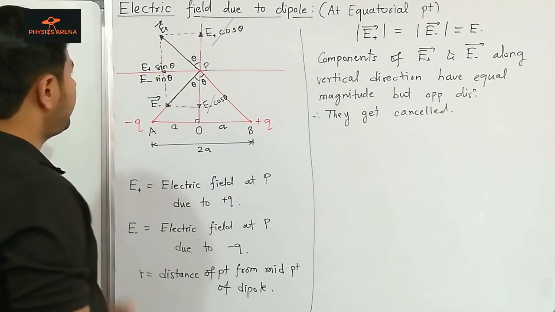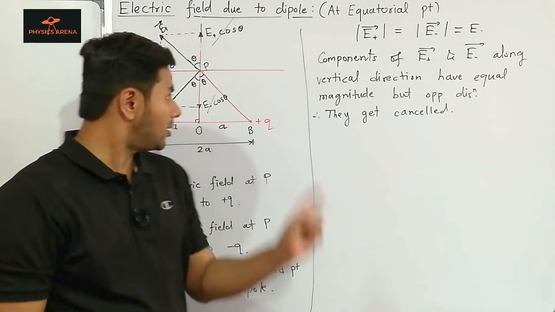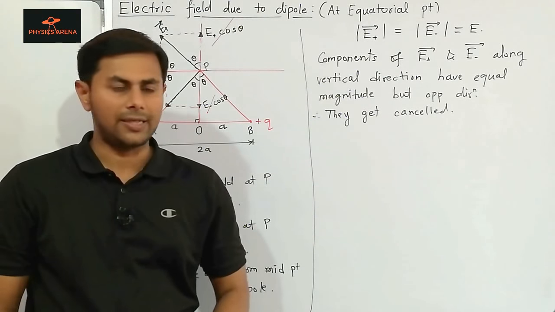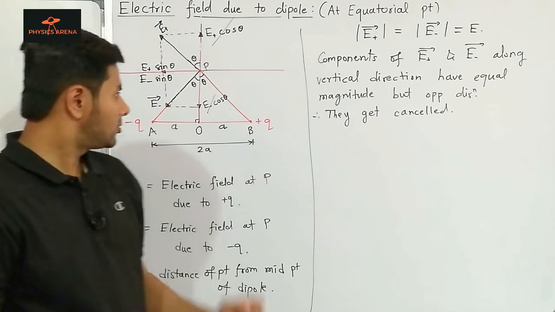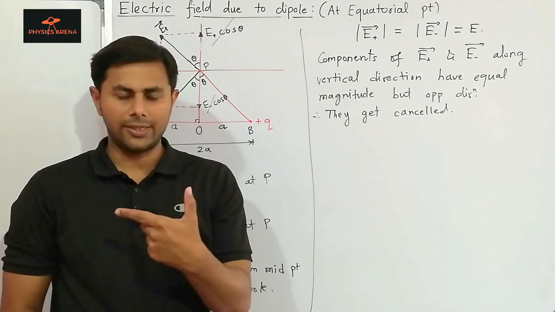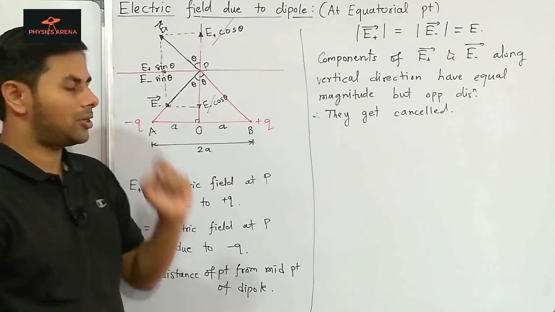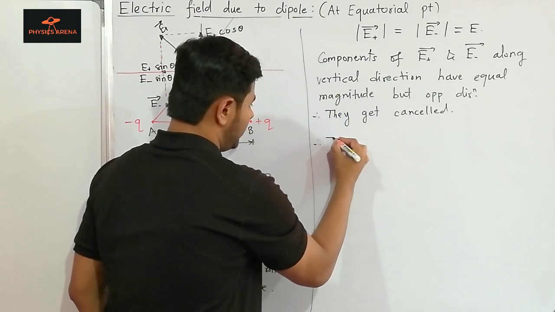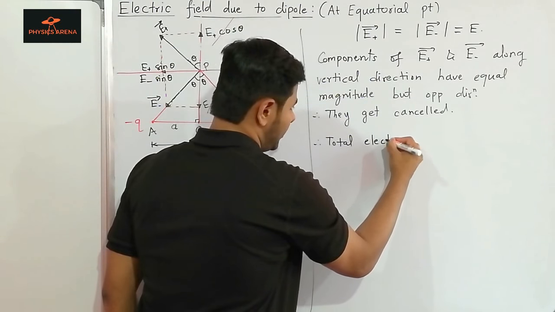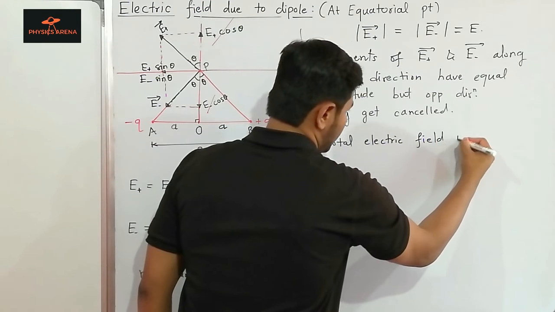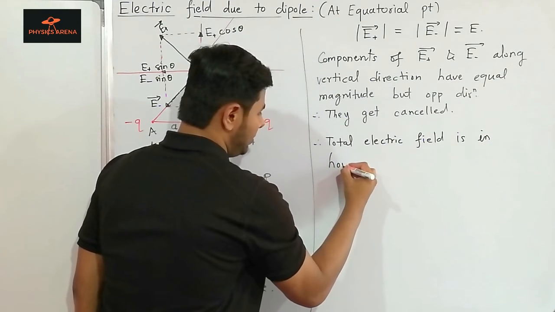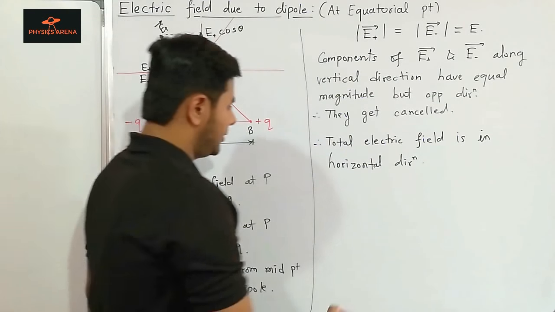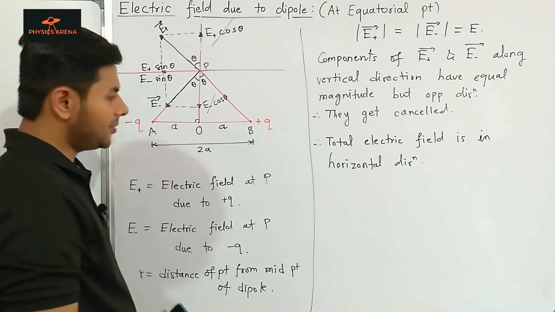And as you can see, the components in the horizontal direction are added up. So we have E plus sine theta and E minus sine theta in this direction. The total electric field is in the horizontal direction and it is the addition of these two components. Therefore, the total electric field is in the horizontal direction and let's call it E equator.